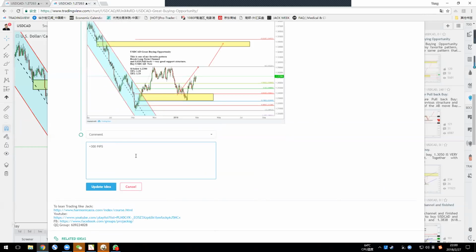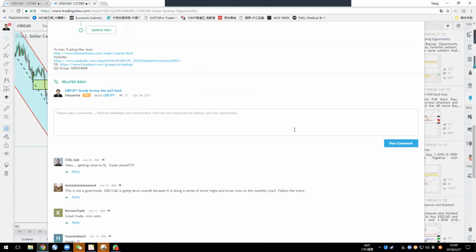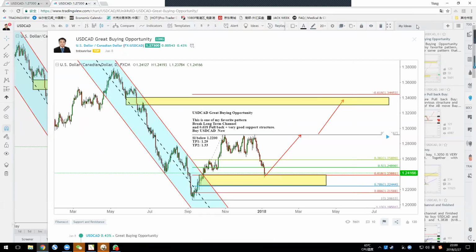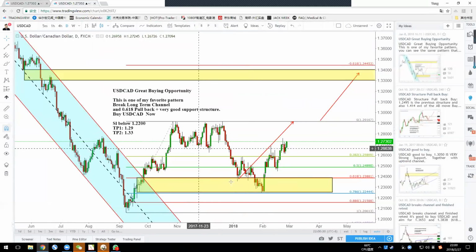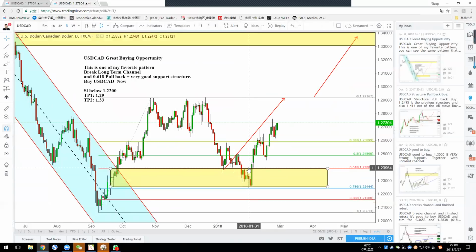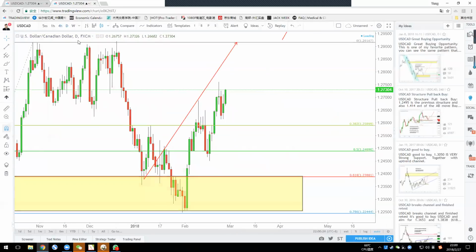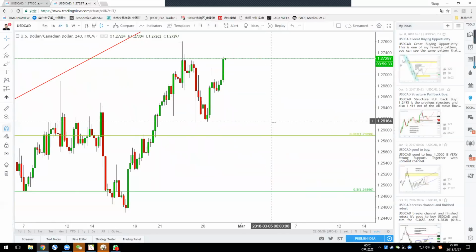Anyone take the dollar CAD long trade? Anyone? Have you bought dollar Canadian from the 618 level? I told you guys, there's a very good harmonic pattern here.